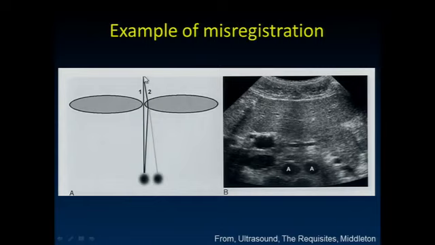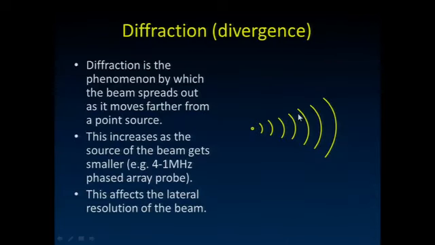But your ultrasound machine thinks that this beam that it sent out continued traveling along this direction. So it plots these points in this location. And so in a real patient, occasionally if you center right over the rectus, you can make it look as though they have two aortas, an artifact again of this phenomenon here, a misregistration artifact.